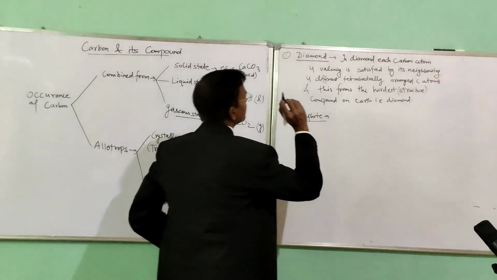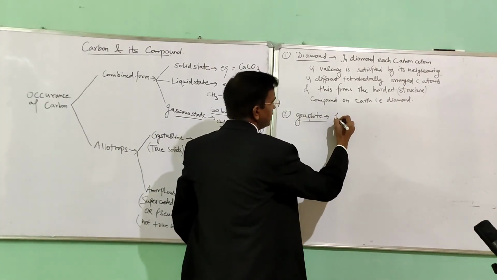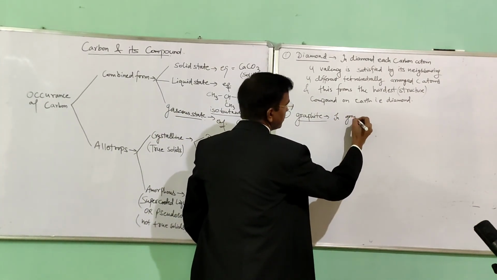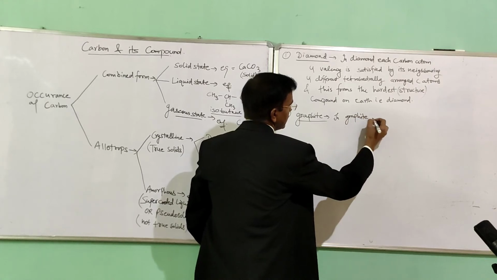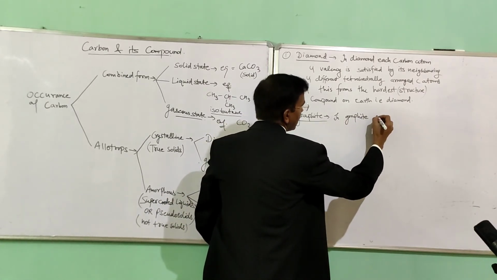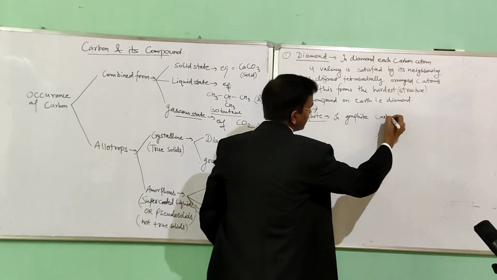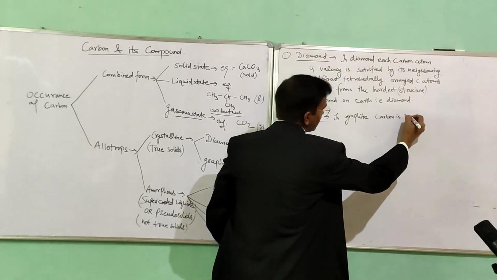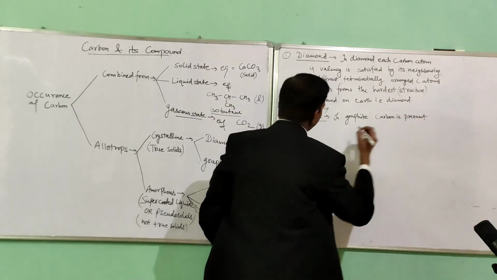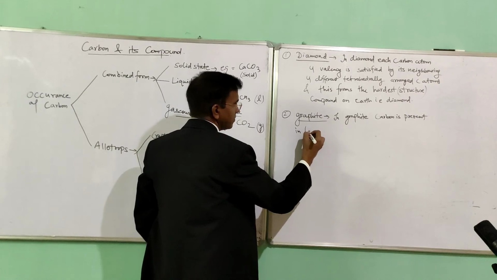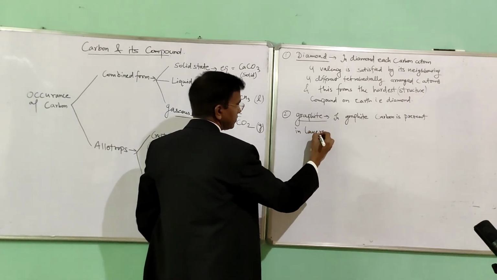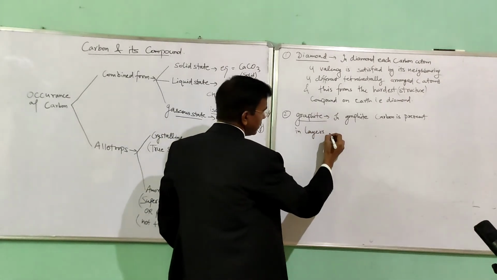So here in graphite, carbon is present in layers, right?